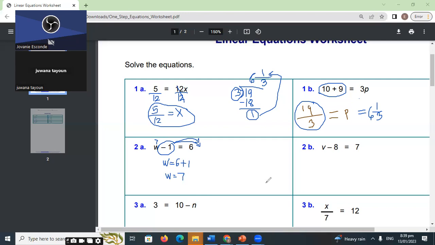Okay, so I want you to answer number 2B using this way. I know that you can, of course, give me the right answer for that, but I want you to use what I am teaching you: transposing of terms.